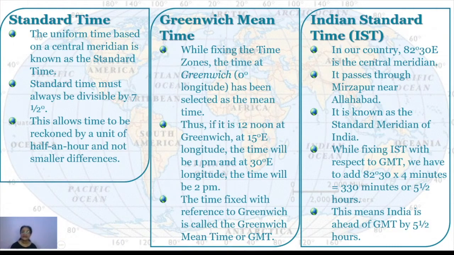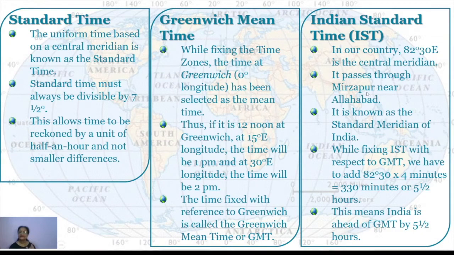What about the Indian Standard Time? Just now in the earlier part I have discussed. In our country, there is one longitude, 82.5 degrees east. This is called the Central Meridian of India, or we also call it the Indian Standard Meridian. It actually passes through Mirzapur, which is lying very close to Allahabad.